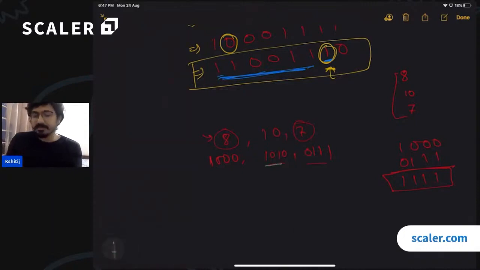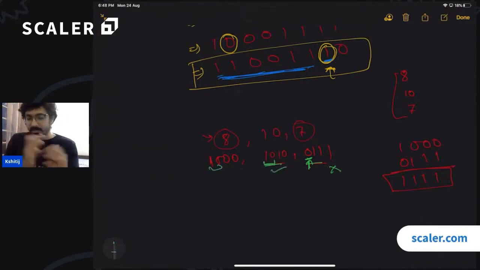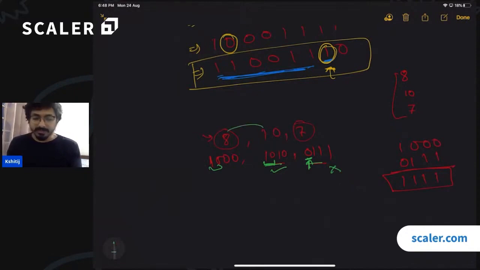Which of these two has the first different bit more on the right side? 7 has a first different bit on the first bit itself. So 7 is not the contender with 8. Okay. 10 has two similar bits. So 10 is a contender with 8. If you take XOR of 8 and 10, then you will get 2, right? So 8 will be giving the minimum XOR with 10.